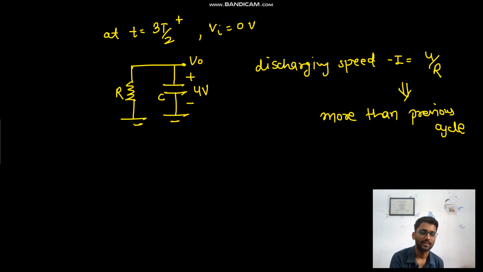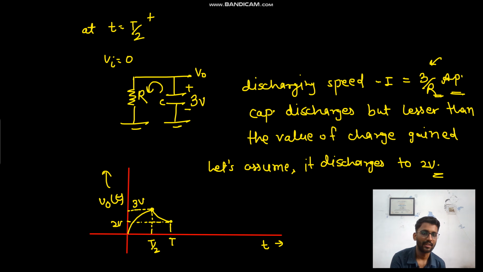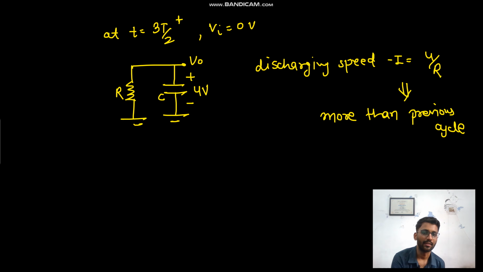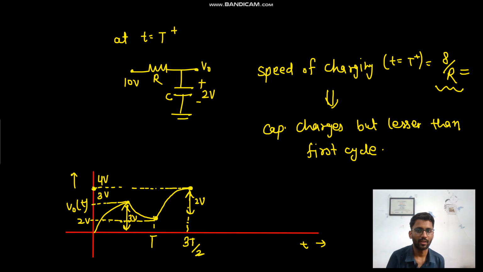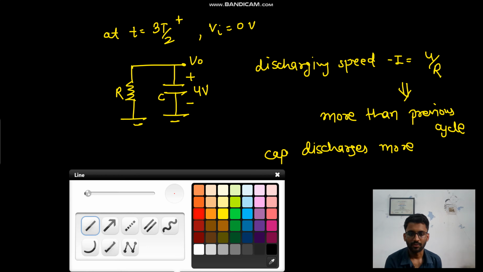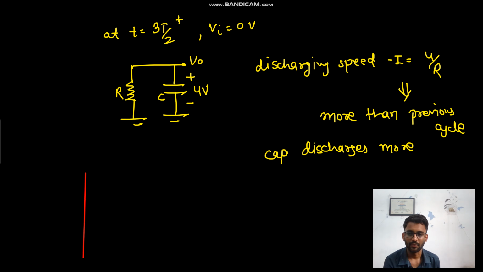In previous cycle it was 3 by R. Now it is 4 by R. So now the capacitor discharges more. In previous cycle it discharged for 1 volt. Now it will discharge for more. It will discharge for 1.5 volt. Okay. So now drawing the waveform.